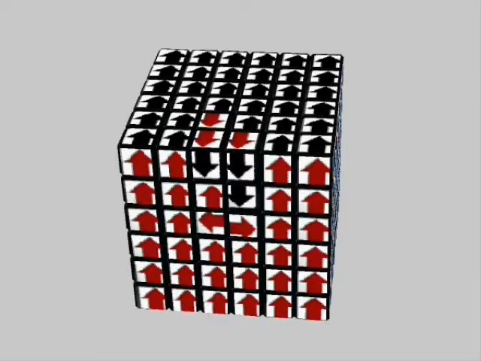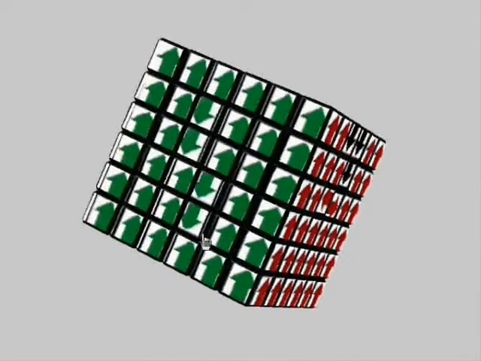The first thing we should take note of is that the two centerpieces which were discolored were in a two-cycle with each other, meaning that no other centerpieces were involved in their swap except for them. These two centerpieces are in their own swap, as well as these two and these two.